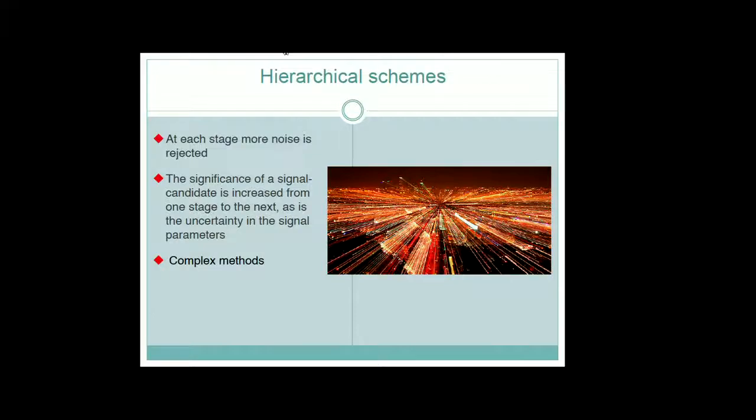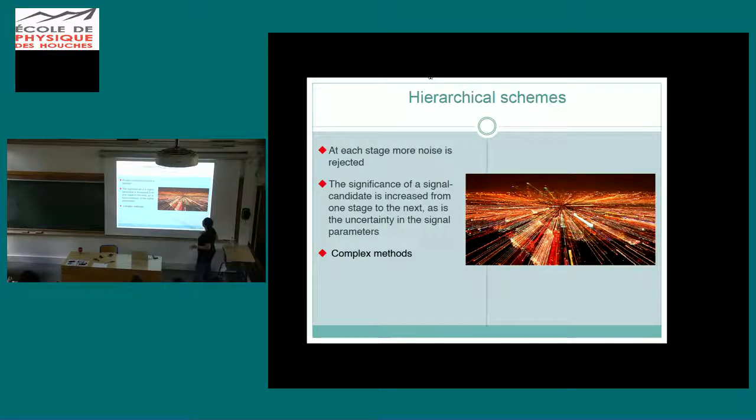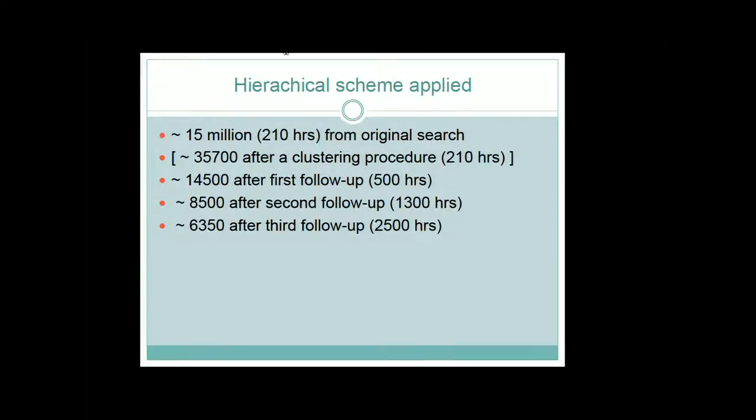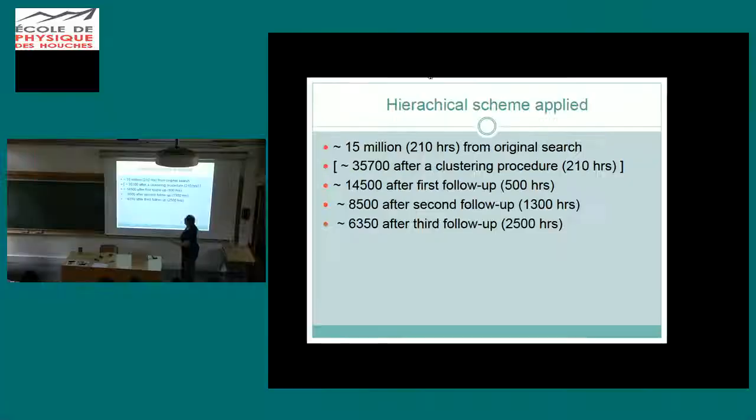Visually it's like a zooming technique. At each stage, if we had a candidate, its significance would increase as we increased the time baseline of the coherent segments, and we get rid of more and more noise candidates. This is the story for this search. We started with 15 million candidates. We did a little bit of magic and brought them down to about 36,000. I don't want to talk about this because I don't have time.